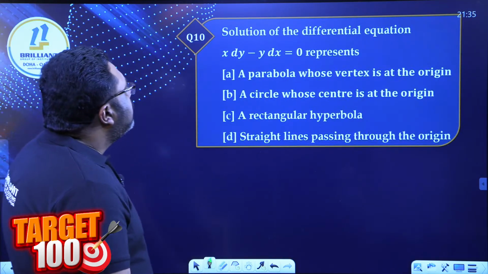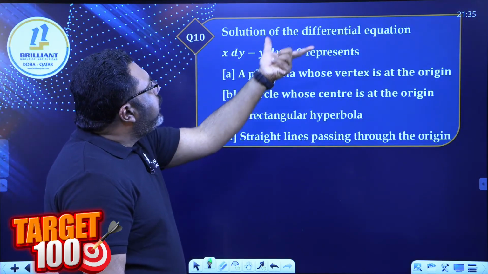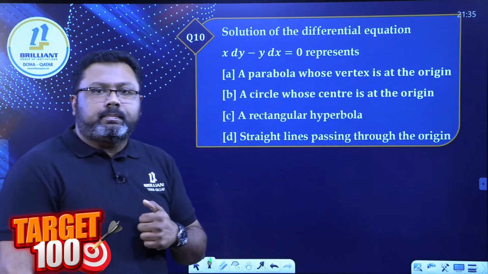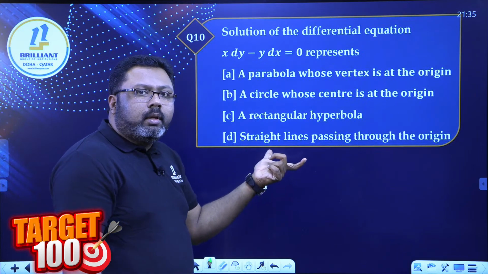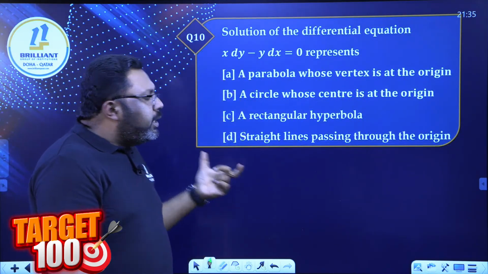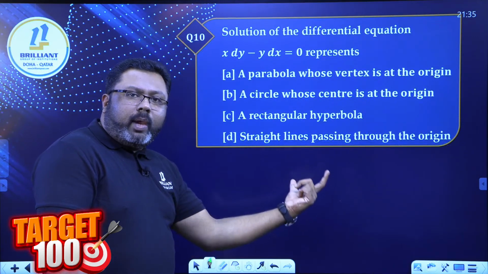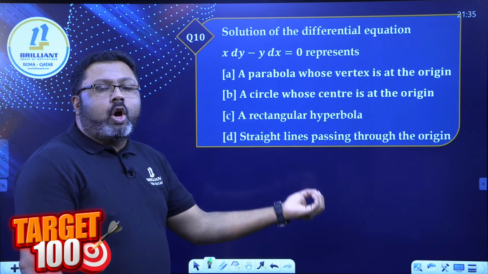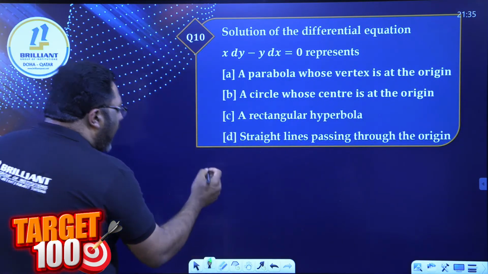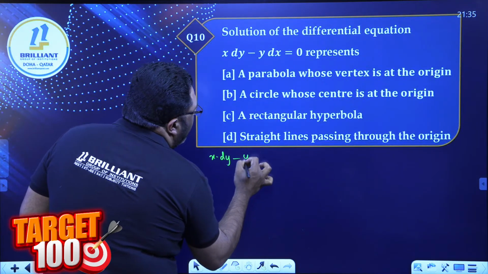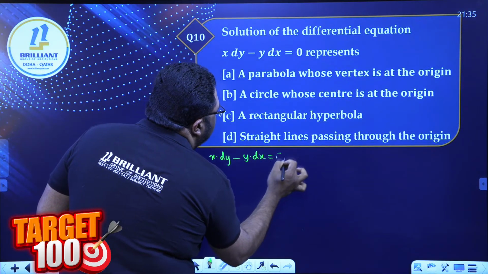Question number 10. The solution of this differential equation represents what? This is another type. Solve it. When you are solving a differential equation, you will come to an equation, and that equation represents what curve or what geometrical shape. Okay, so we have an equation like x dy minus y dx equal to 0.